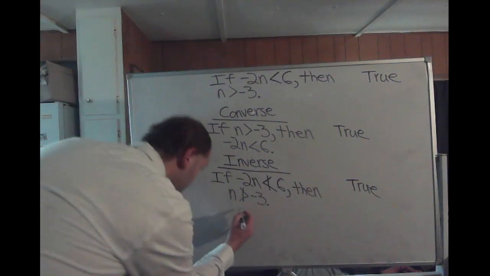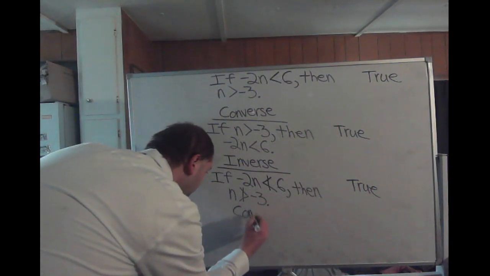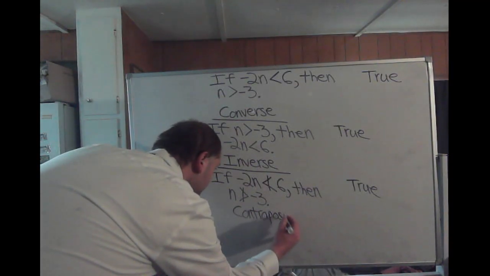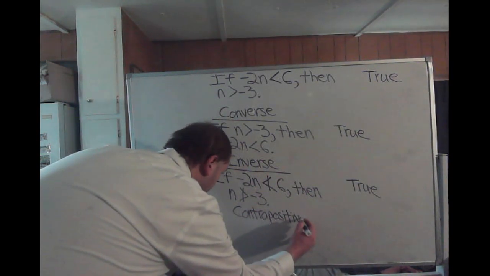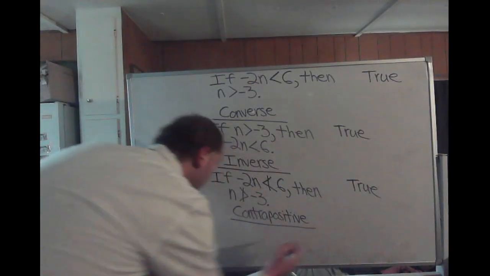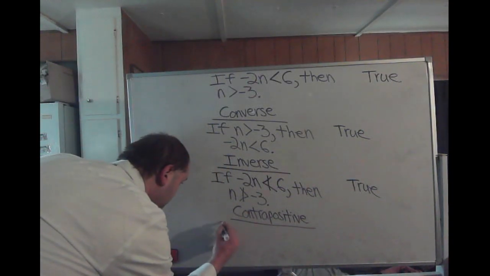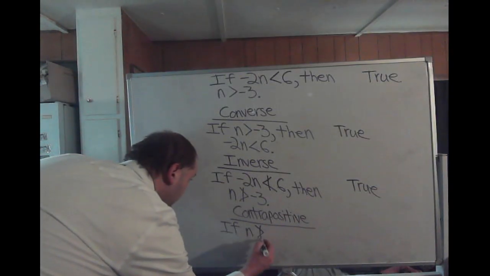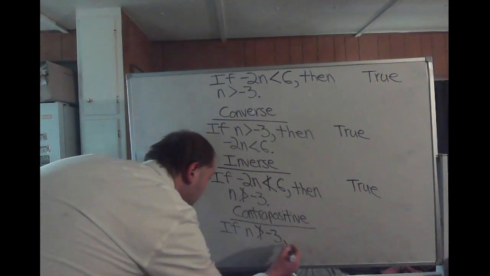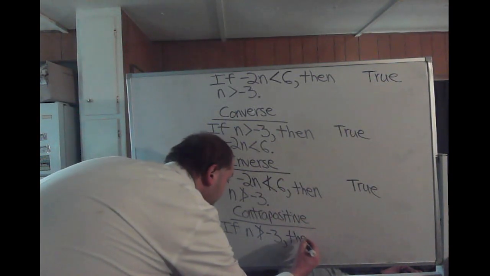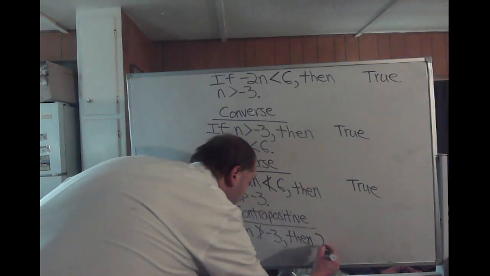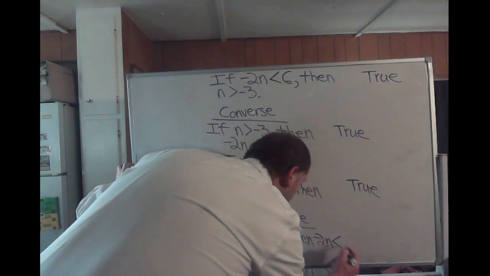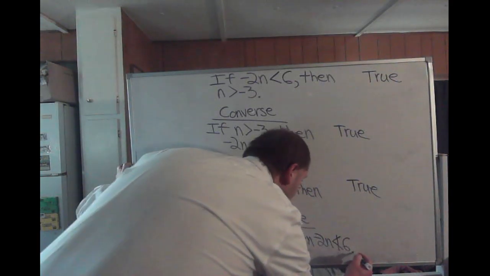So what about the contrapositive? What would the contrapositive say? Sort of the same thing, but in reverse. If n is not greater than -3, then -2n is not less than 6.